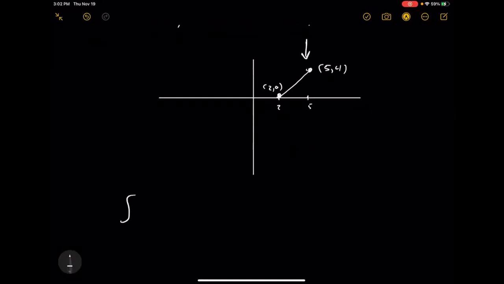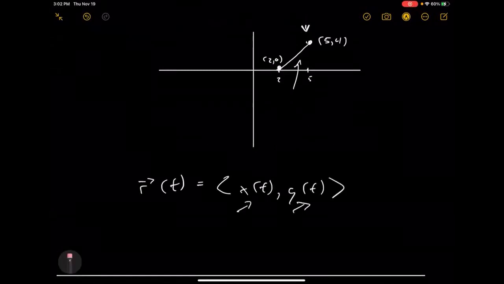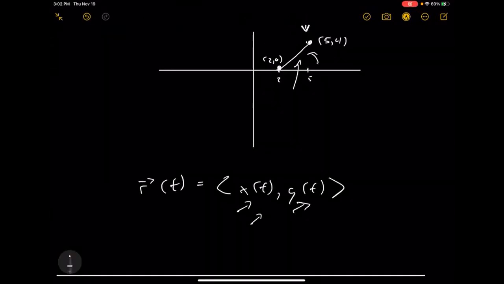So let's figure out a way to describe this curve as a parametric function. I want to be able to write it as r of t equals x of t, y of t, where this is the important information. So how can I write this line segment in this form?